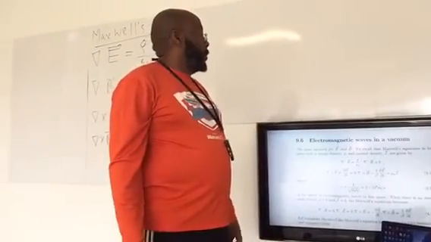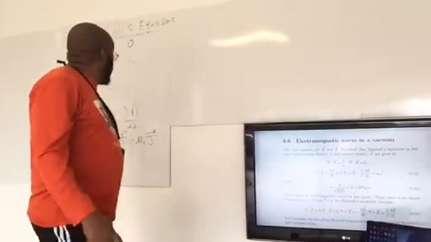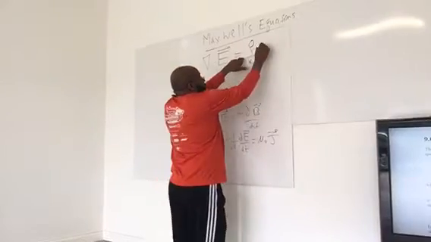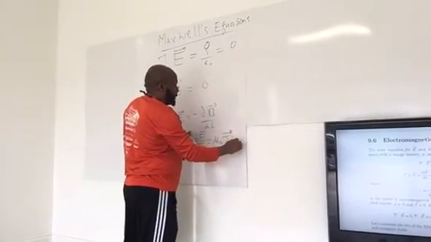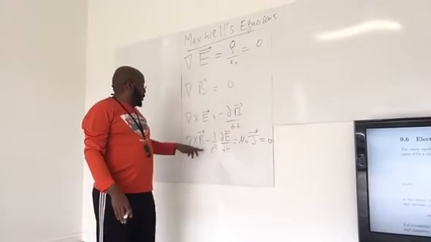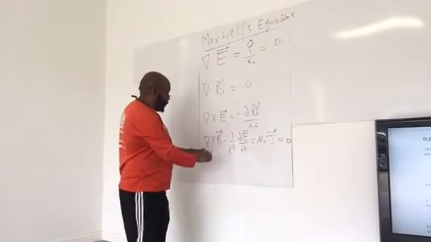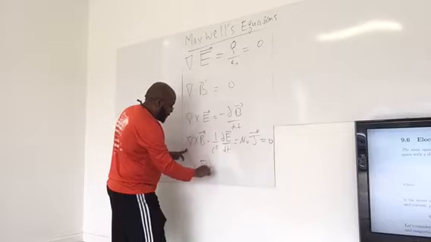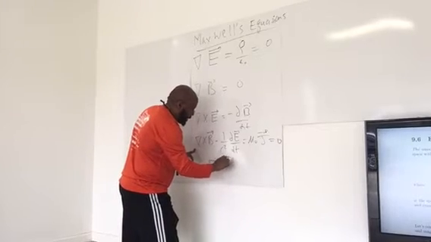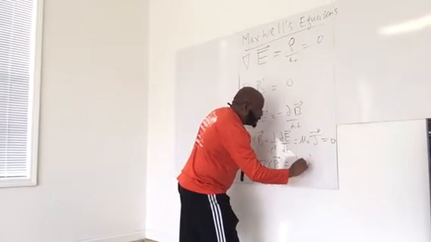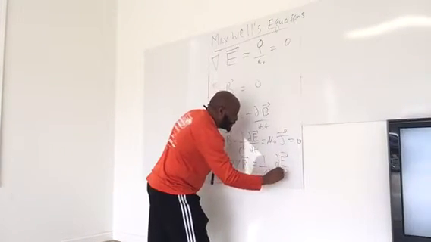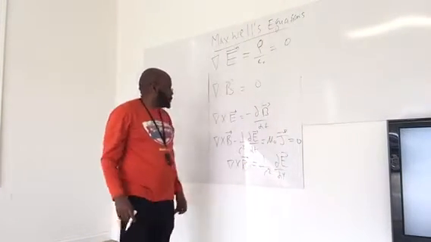So if it's a vacuum, then the charge density is 0 and the current density is 0. So for the curl of B, I would have 1 over c squared dE by dt.